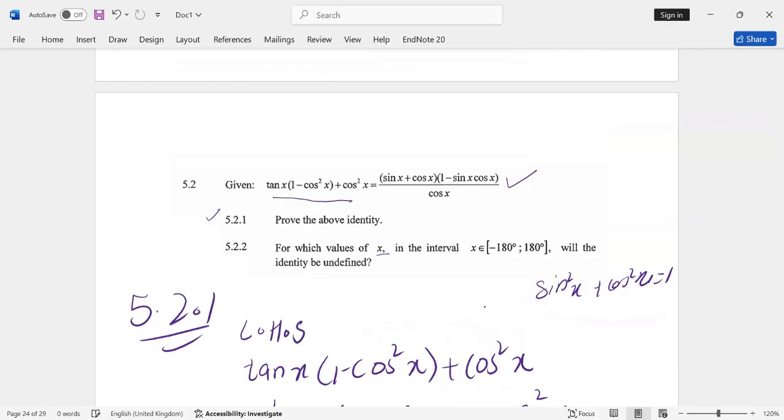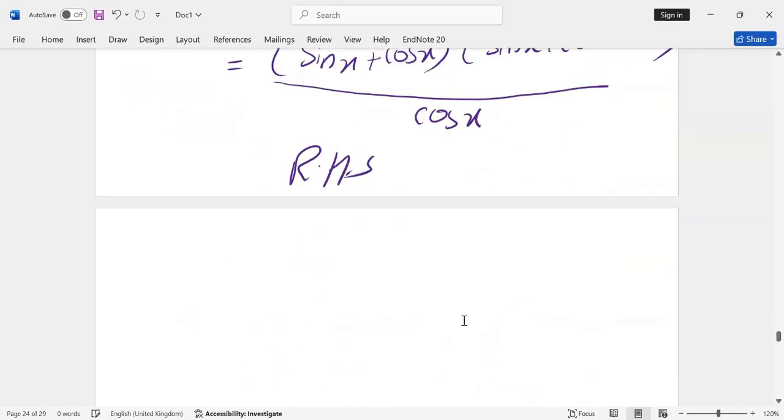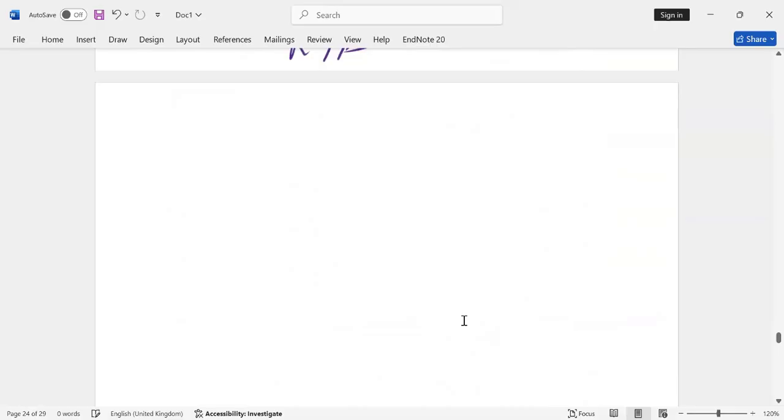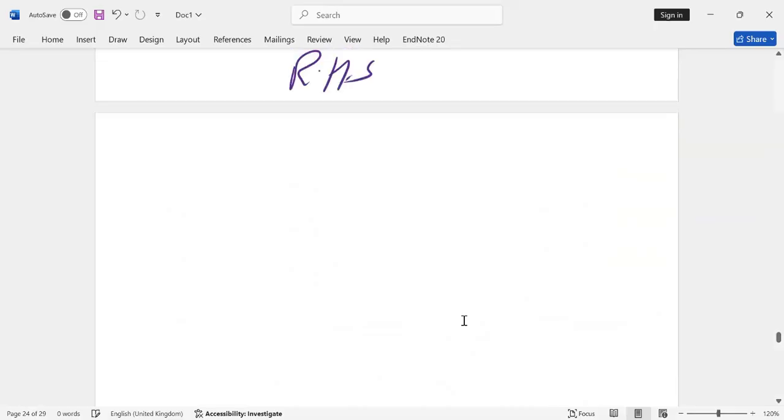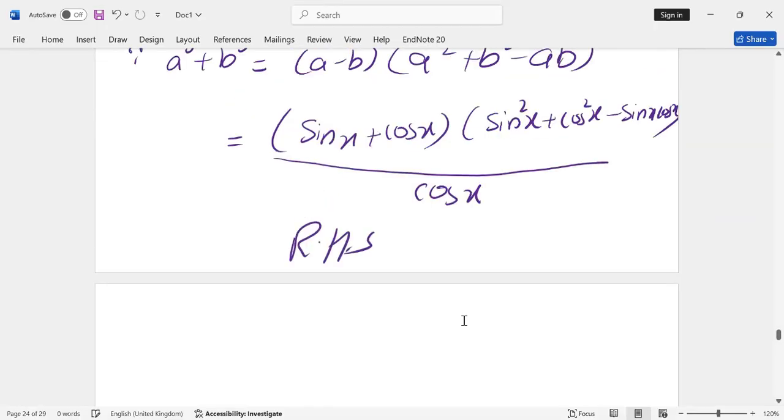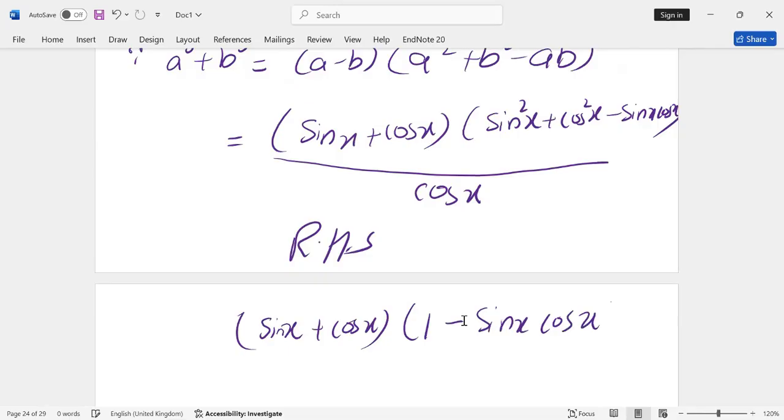Okay. So we need just one more step. I'm just writing the one more step over here, that is sine x plus cos x into 1 minus sine x cos x, divided by cos x.